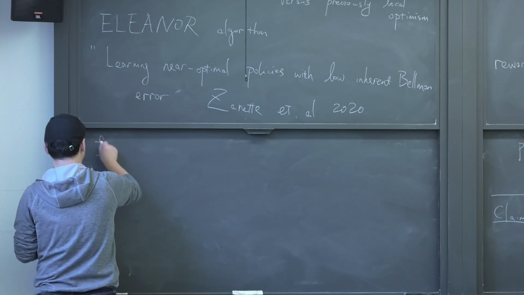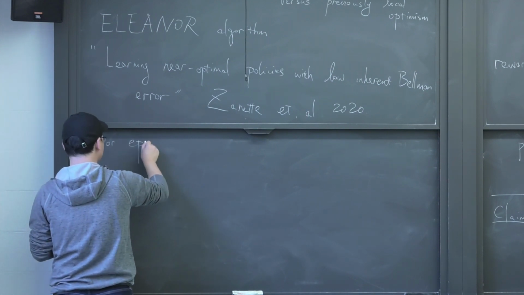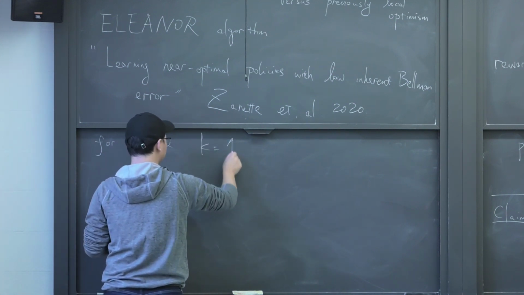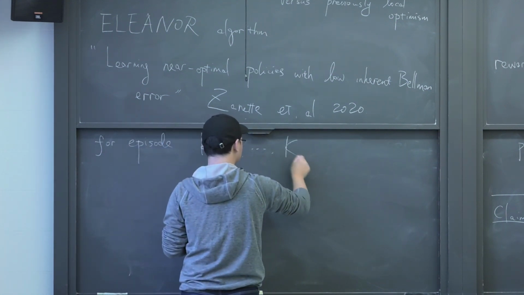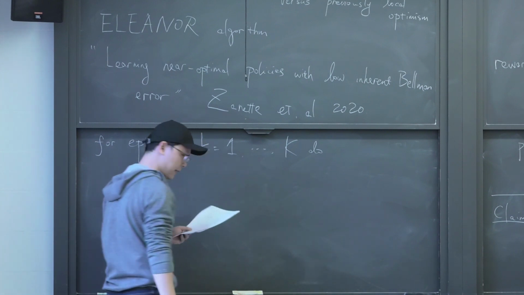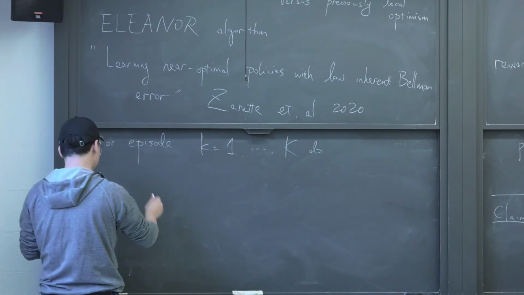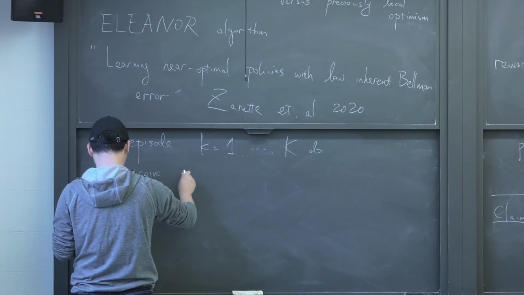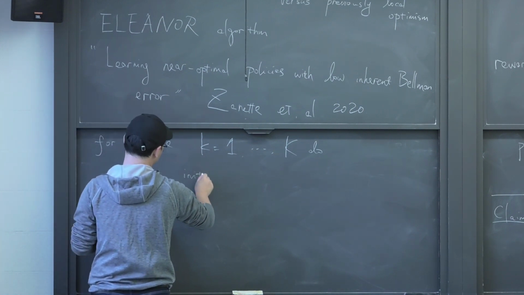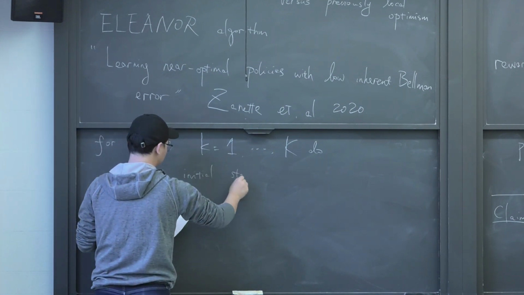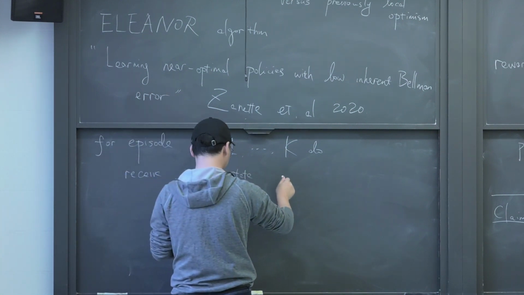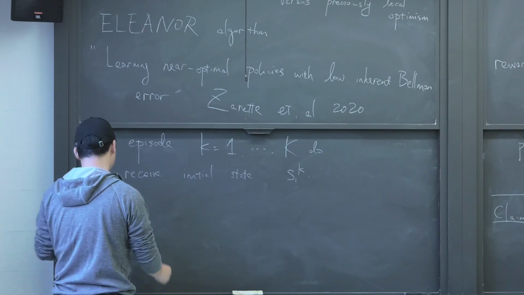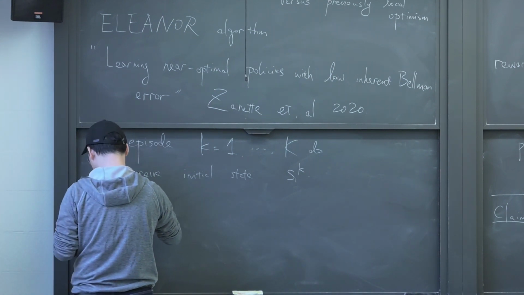So the algorithm looks as follows. For episode k from 1 to capital K, do the following. We receive the initial state again, S_1^k. We construct the following confidence set.